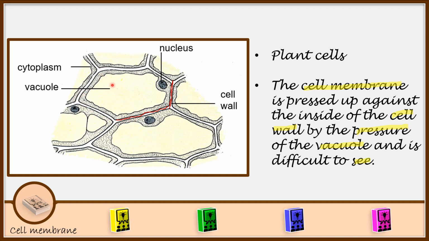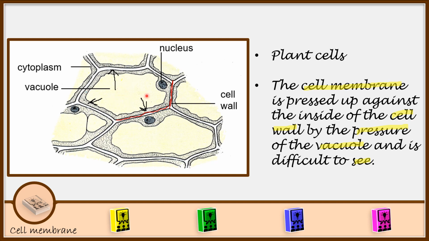And what is pressing it is the vacuole. The vacuole exerts pressure on the cytoplasm, and the cytoplasm then exerts pressure onto the cell membrane, and then the cell membrane will be pressed against the cell wall.